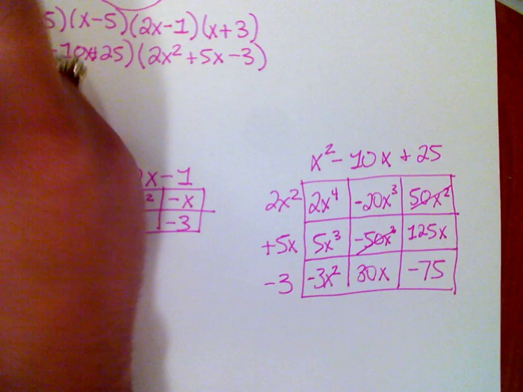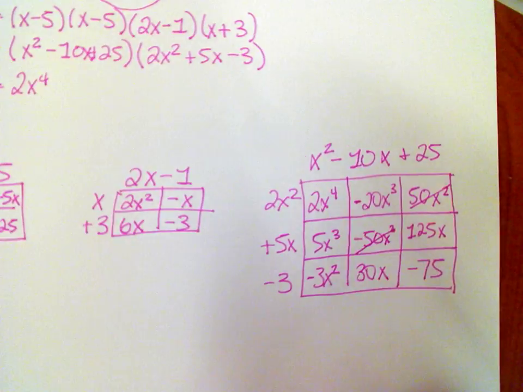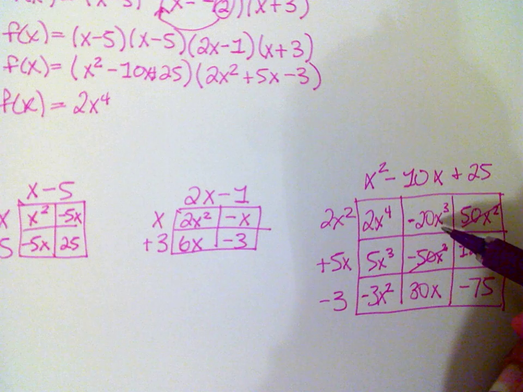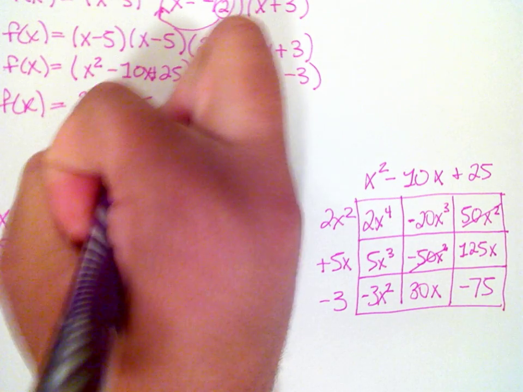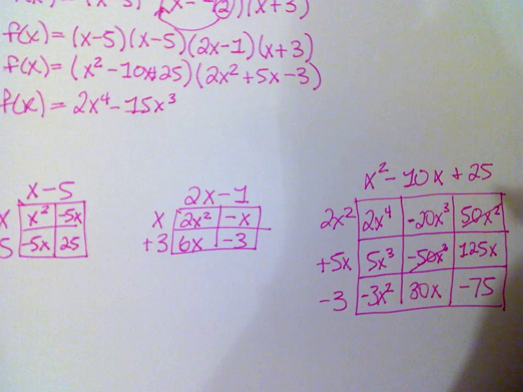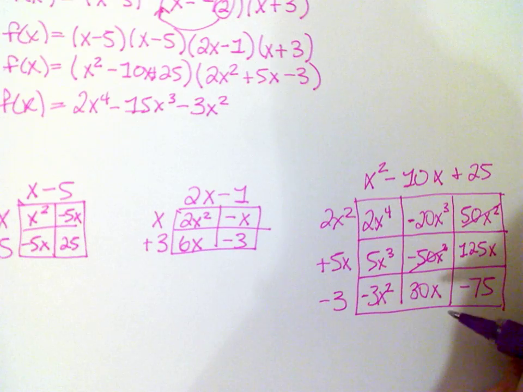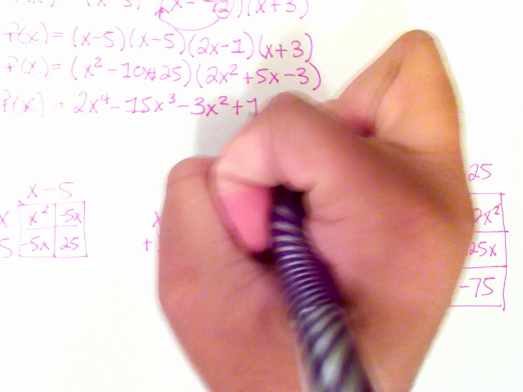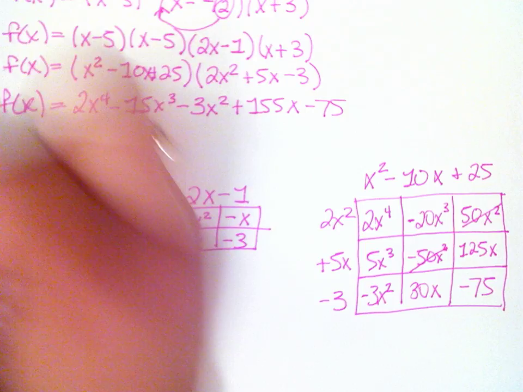So our final answer is 2x to the 4th, negative 20x cubed plus 5x cubed is negative 15x cubed, minus 3x squared, 30x plus 125x is 155x, and then minus 75.